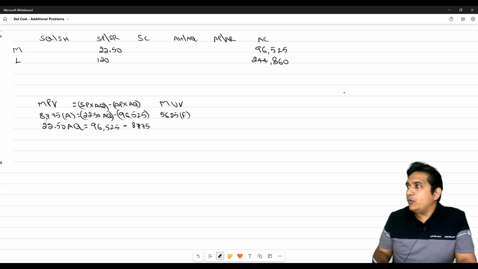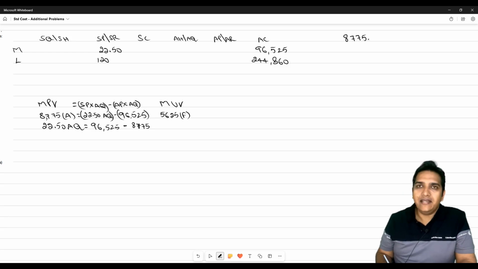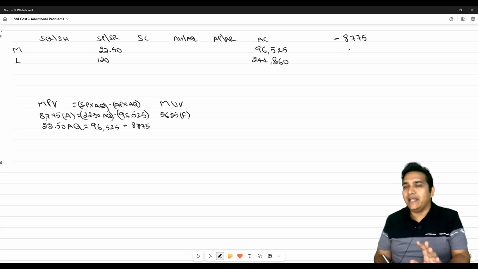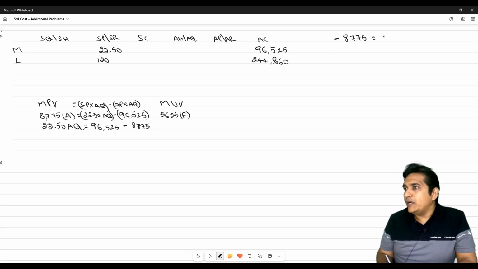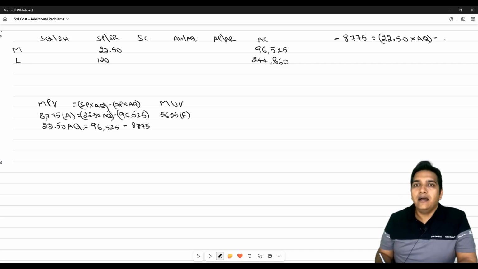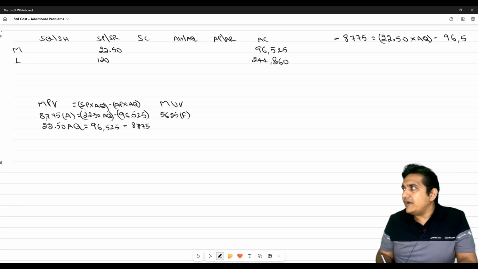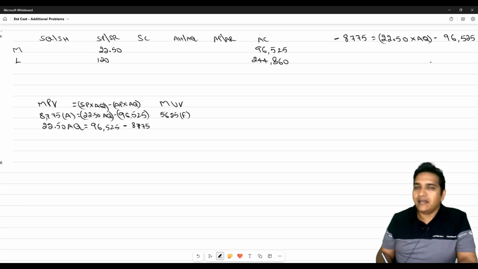So what do we have here? We have 8775 adverse, right? Adverse means it is negative. So just for simplification, I will use the negative sign here, which is equal to 22.50 into actual quantity minus my actual cost, which is 96,525, right?